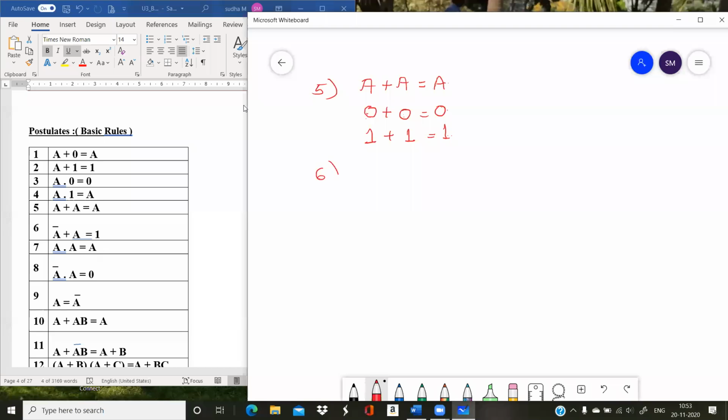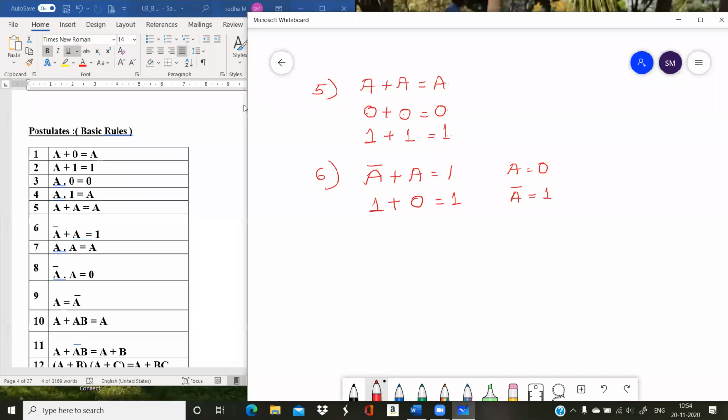The next rule says that A complement plus A is equal to 1. Now, let us consider A is equal to 0. At that time, A complement will be equal to 1. So 1 plus 0 is equal to 1 only. You have to remember the addition rules.